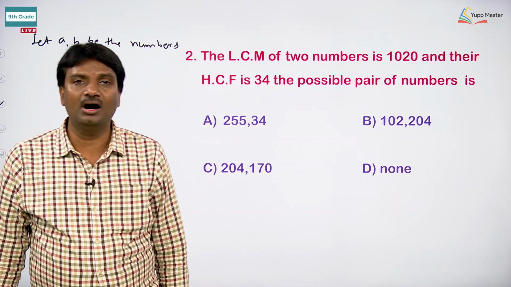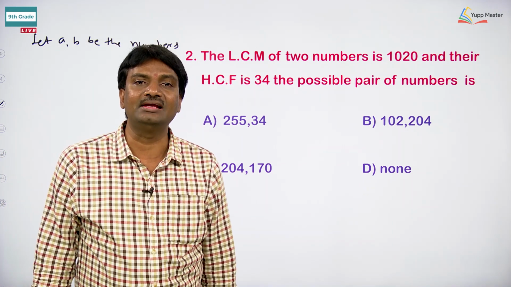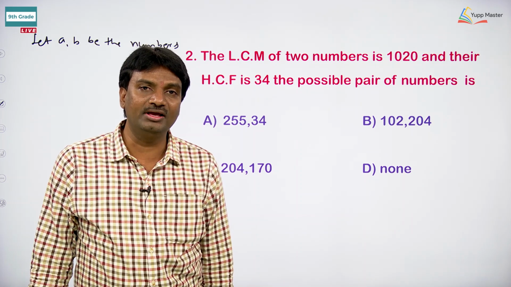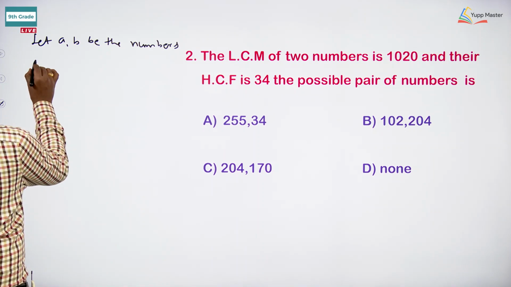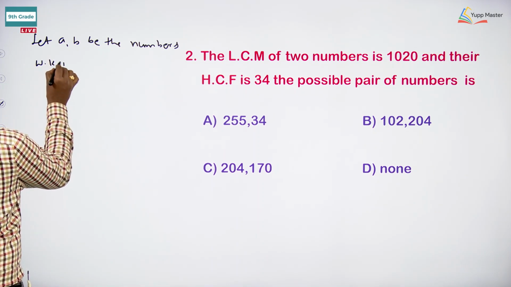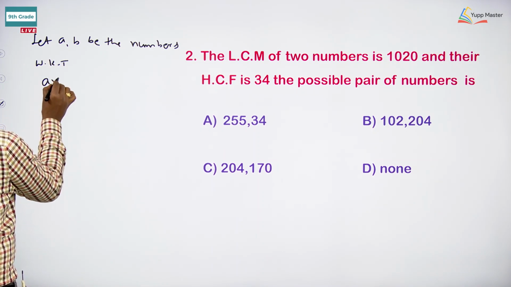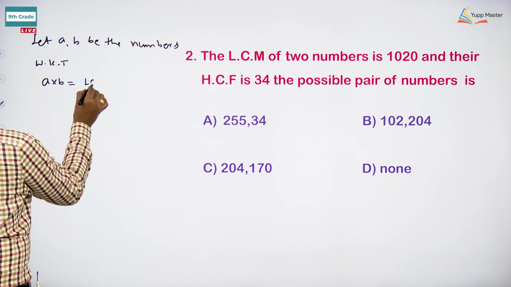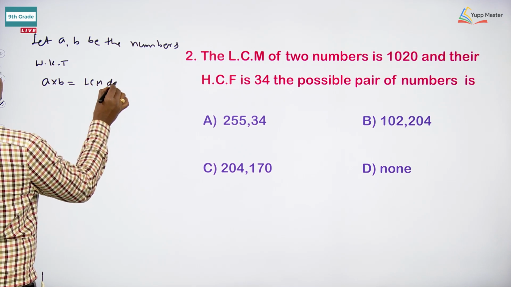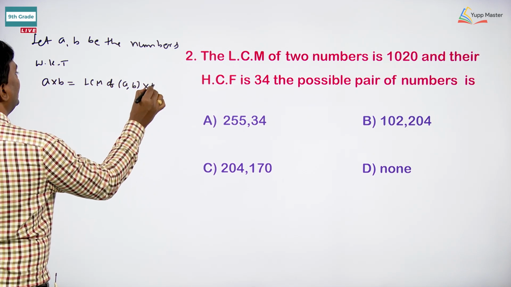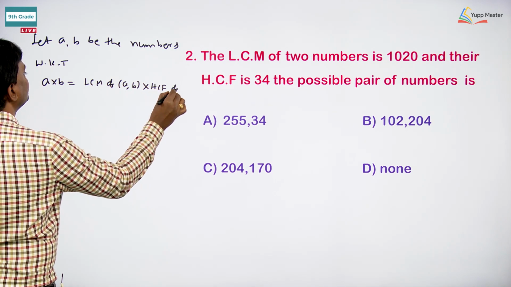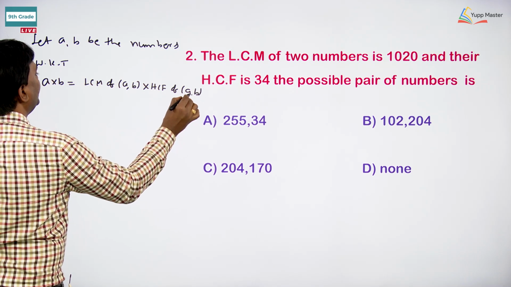When A, B are two numbers, then we know the relation between the LCM of A, B and HCF of A, B. So we know that A into B equal to LCM of A, B into HCF of A, B.